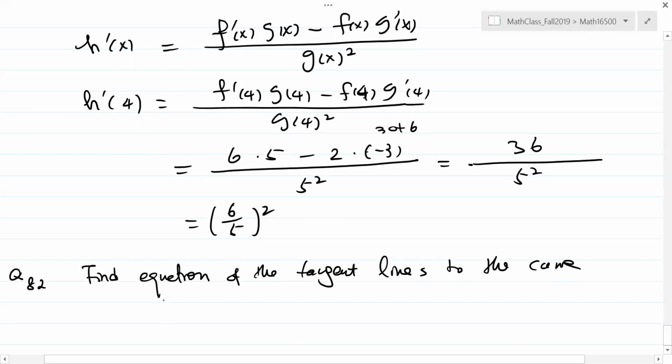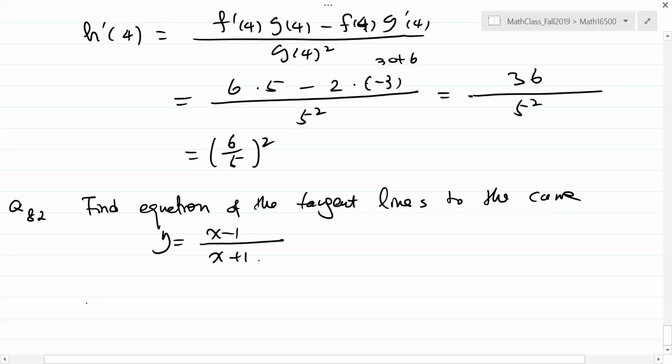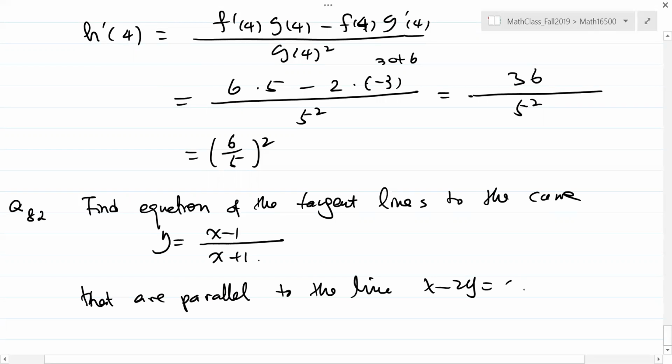The curve is y equals (x minus 1) over (x plus 1). So you are looking at the tangent lines, but those tangent lines are parallel to the line x minus 2y equals 2.